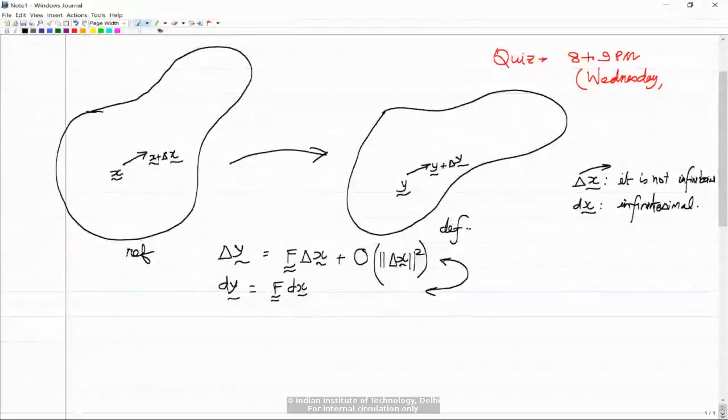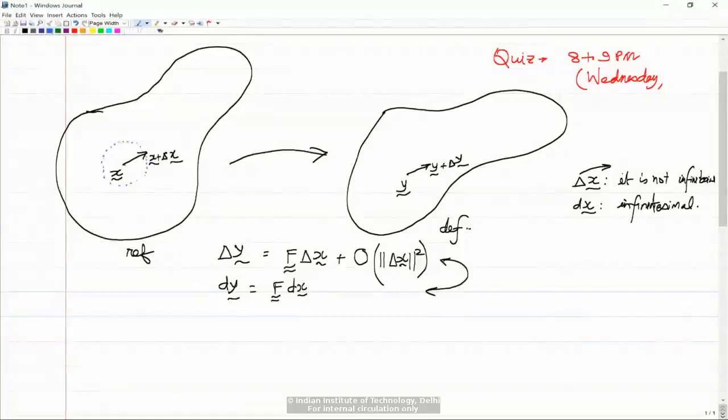As far as lines are concerned, what is the difference between delta x and dx? The line delta x is not at point x. It is emanating from point x, but it is not at point x. It's in a small region around point x.